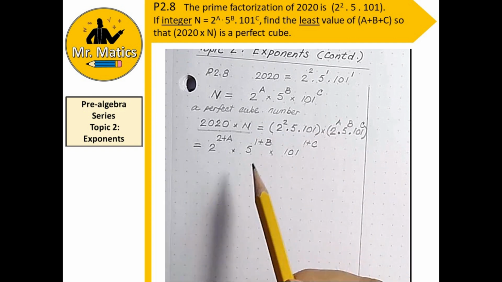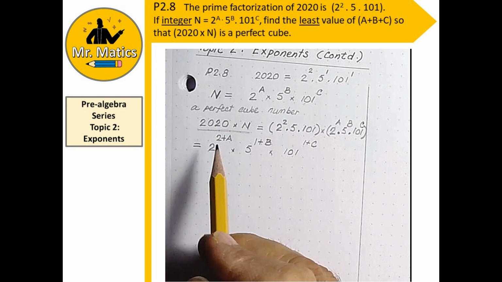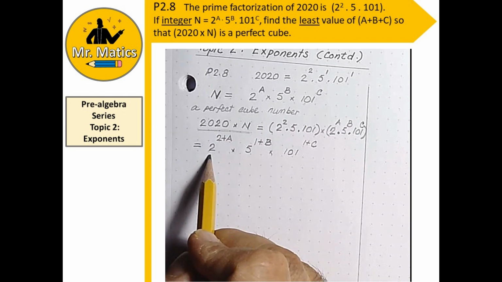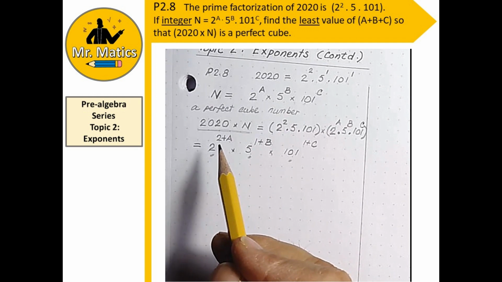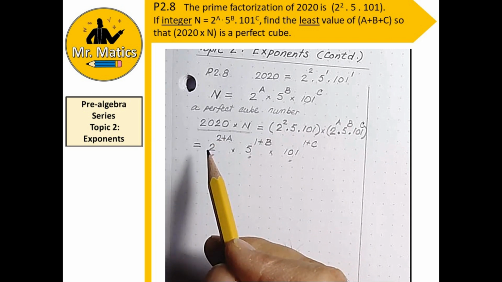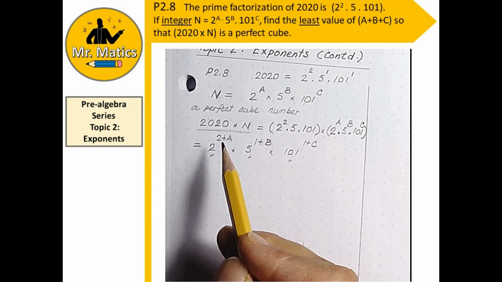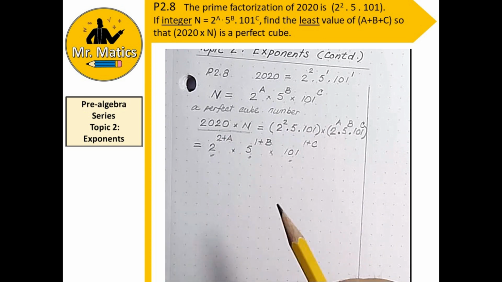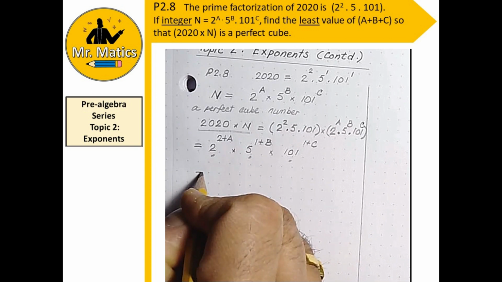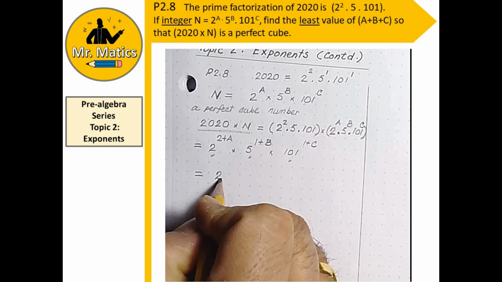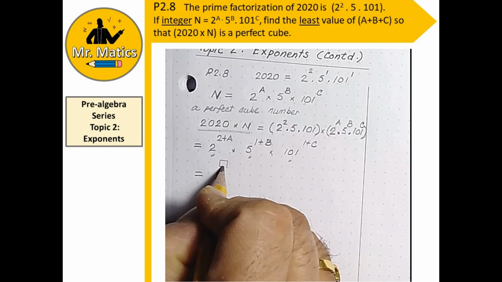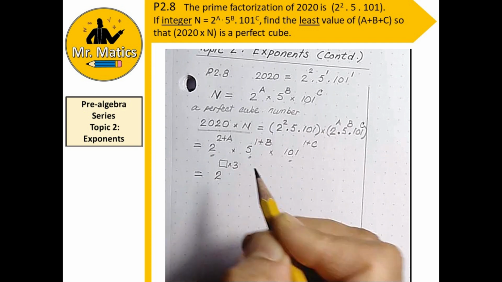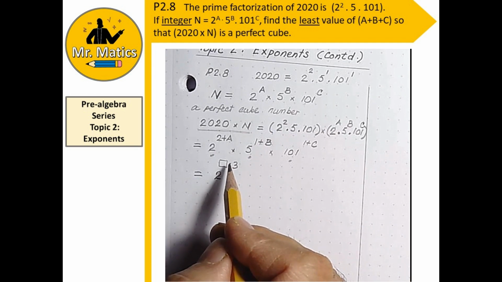So how do we make this 2020 times n a perfect cube number? When individual prime factors 2, 5, and 101 are individually having an exponent which has a factor of 3 in it. So 2 has an exponent which has a factor multiplied by 3.